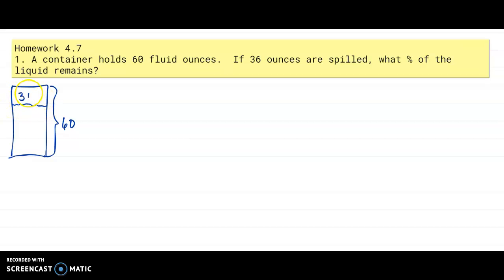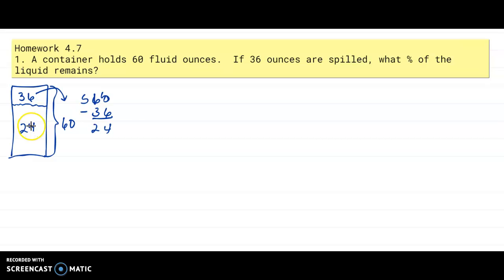This is 36 ounces got spilled. And so how many ounces are left in here? Well, to find that, I'm going to subtract 36 from 60. There's 24 ounces in here still. Okay, so my proportions are not very good, but really we're just looking at the numbers.